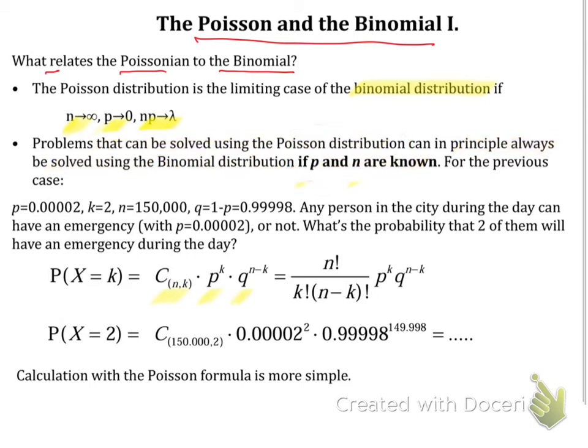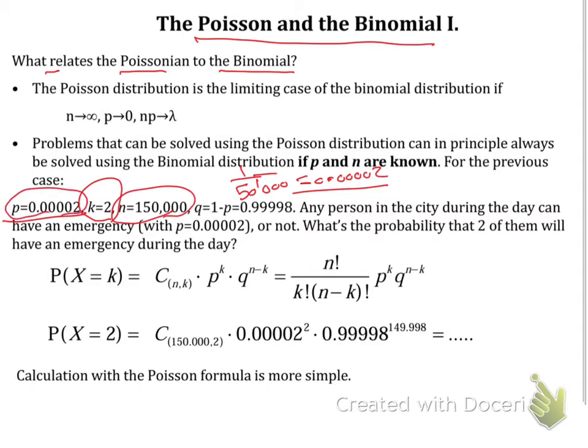So let us look at the previous example which we took in the previous slide on Poisson distribution. We already arrived at p because we know that it is one out of 50,000 cases, so the probability is 0.00002. The question was asked about 2 cases to happen, with a population of 150,000.